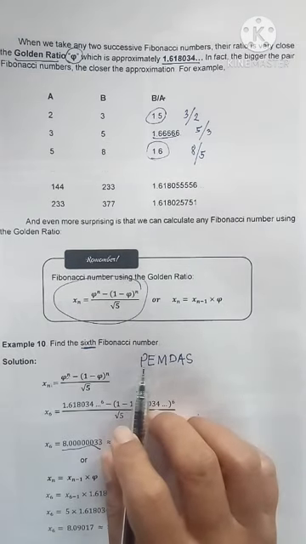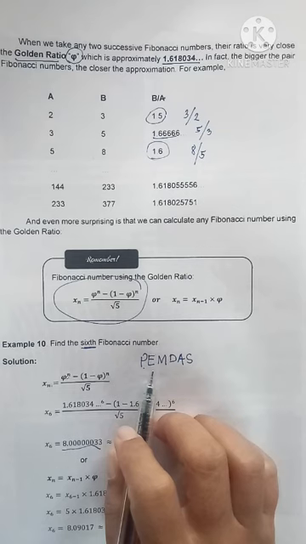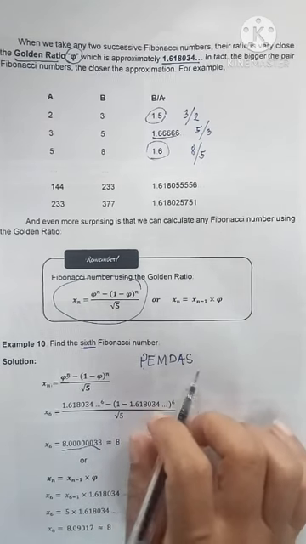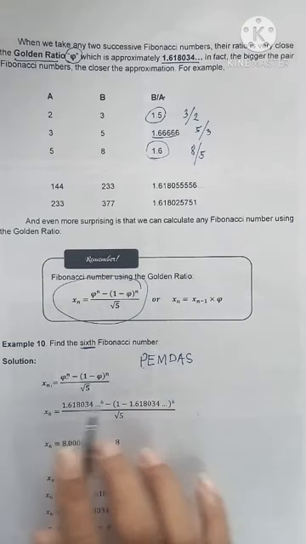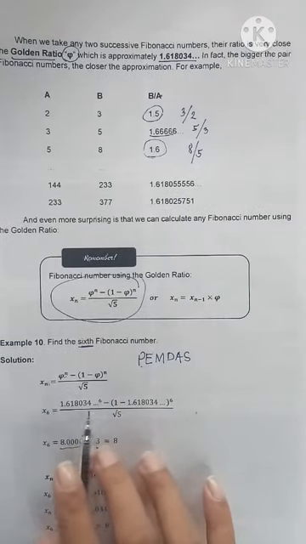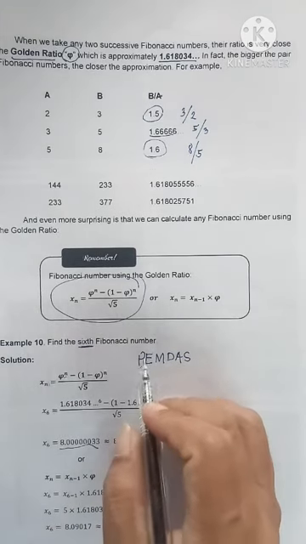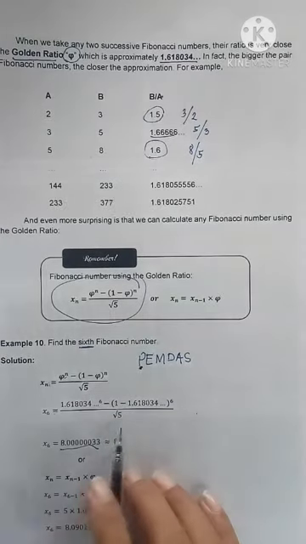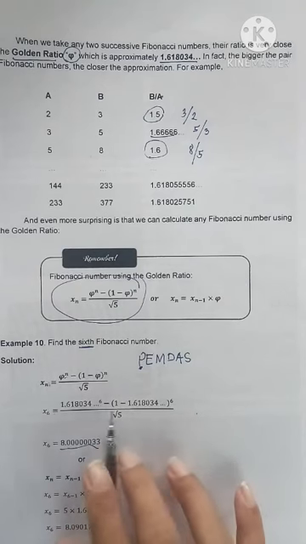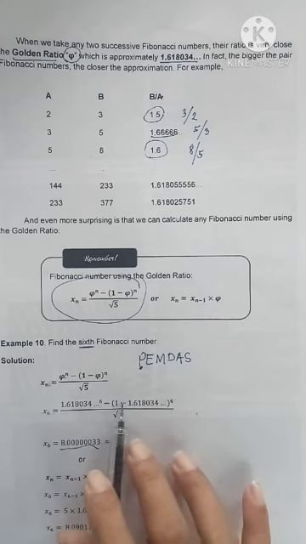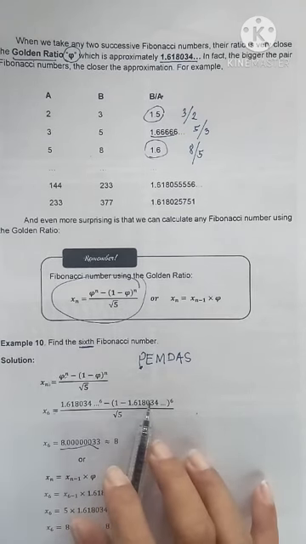P is for parentheses, E is for exponent, M for multiplication, division, addition, subtraction. So first, to simplify our numerator, we have to look for parentheses, if there are any groupings. Here in our example, we have groupings, the ones with parentheses, so we simplify those first.